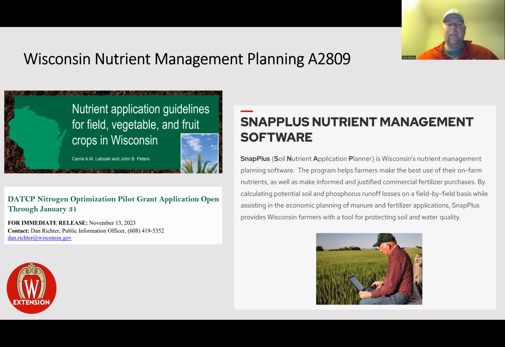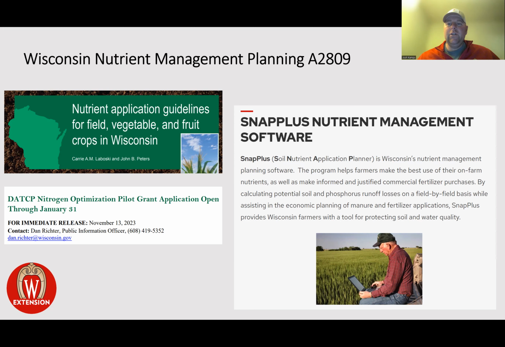So all of the recommendations and nutrient guidelines are in A2809, which is the name of the document, and that's updated as new data comes in. So that really is the go-to when it comes to making a nutrient management or soil fertility decision for our farmland.